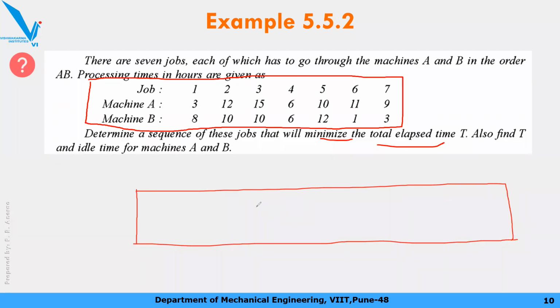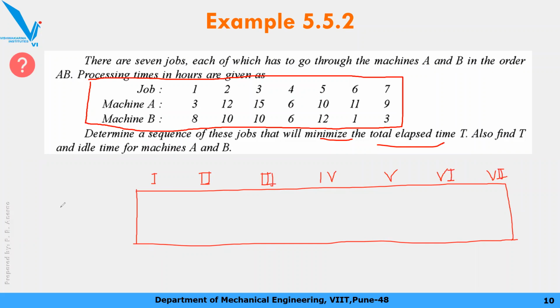In this case, we are working on 7 jobs. So the sequence, we need to find out which job will be first, which job should we assign at second, third, fourth, fifth, sixth, seventh. Okay.